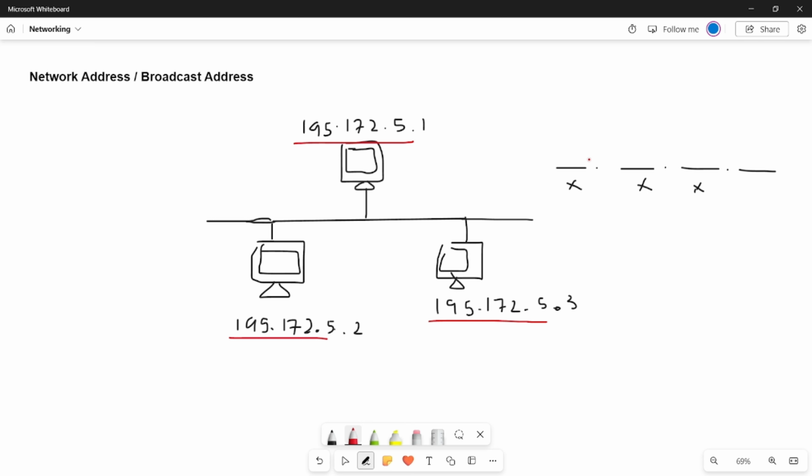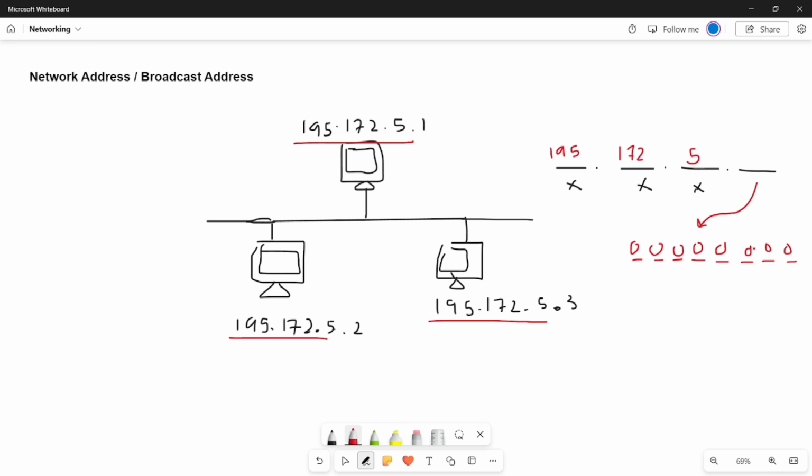We cannot change these three blocks, so we have to fill them with the same values because they didn't change. The only part we can change is this one, which contains 8 bits. The very first IP address of the network is the address that contains all zeros of the network.